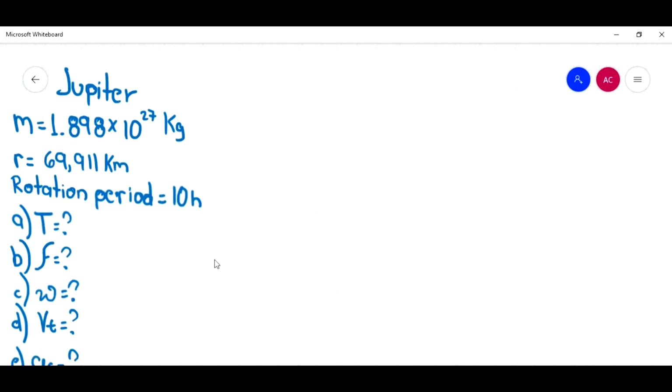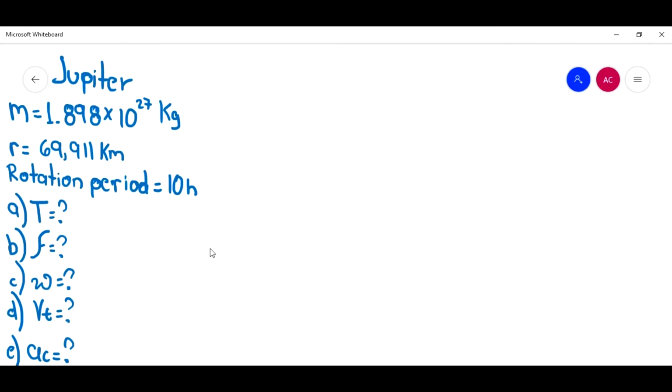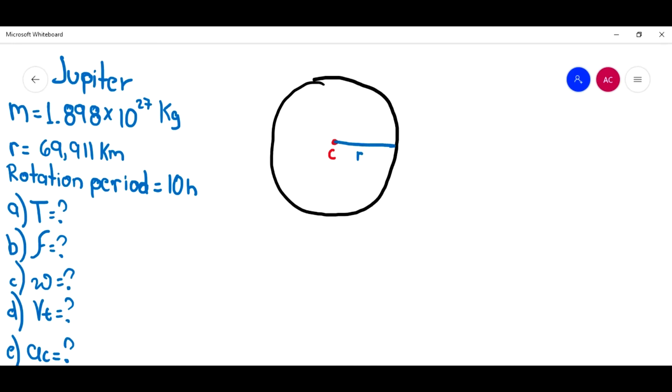I'm going to consider this as Jupiter. It's gonna be like a circle, and here is the center, here is the radius, and the surface is around here. So let's say, for example, that the rotation is going to be something like this.